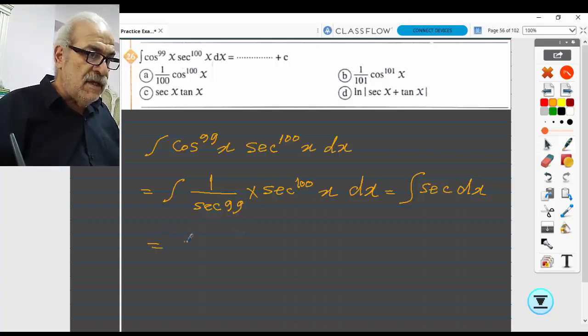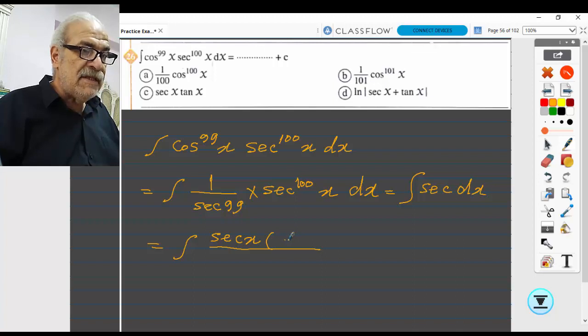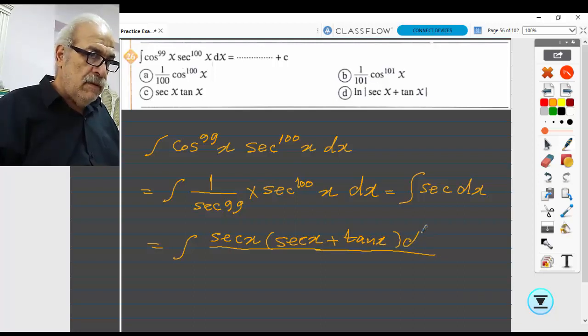To make this integration, we multiply up and down by sec x plus tan x, dx over sec x plus tan x.